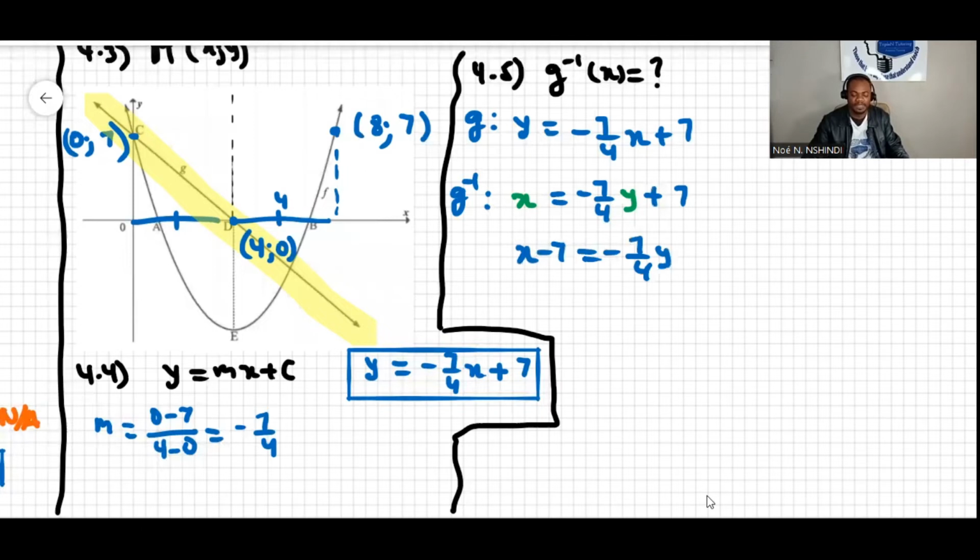So negative 7 over 4 y equals x minus 7. If I need to find the value of y, I will multiply the whole equation by the inverse of negative 7 over 4, which is negative 4 over 7.